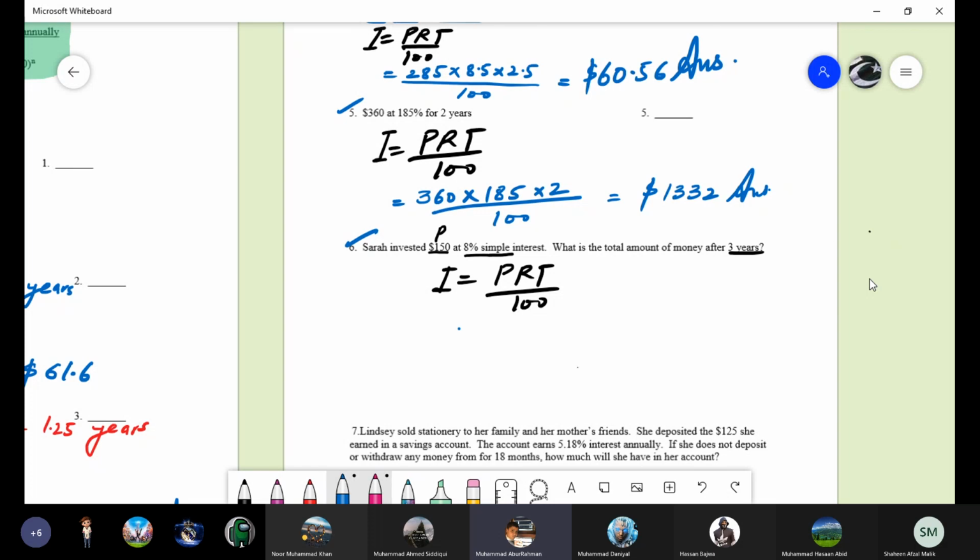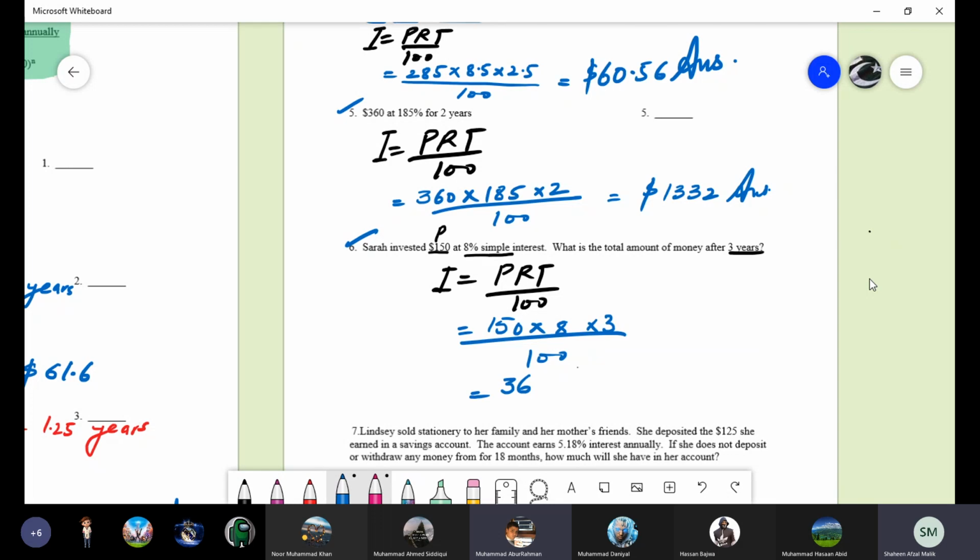So it will be 150 into 8 into 3 over 100. Answer is 36. Not 26, Abdur Rahman.